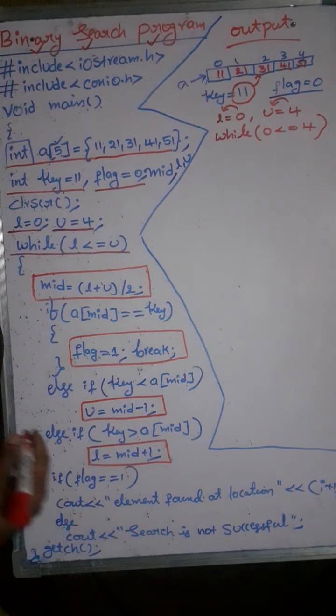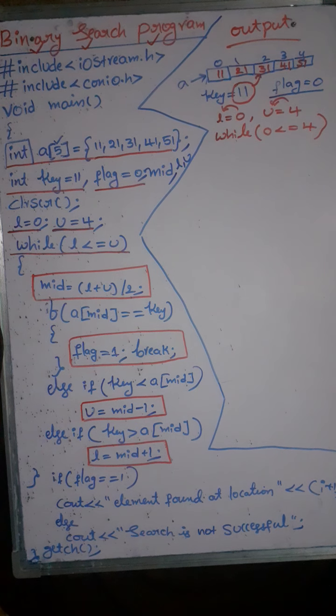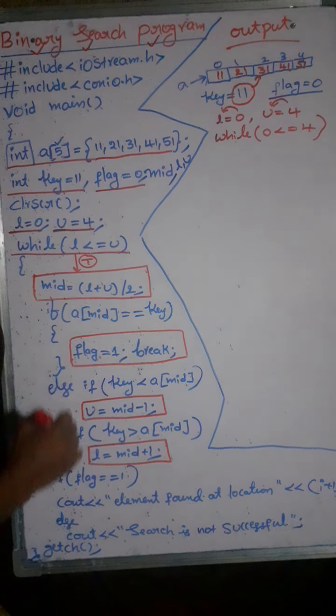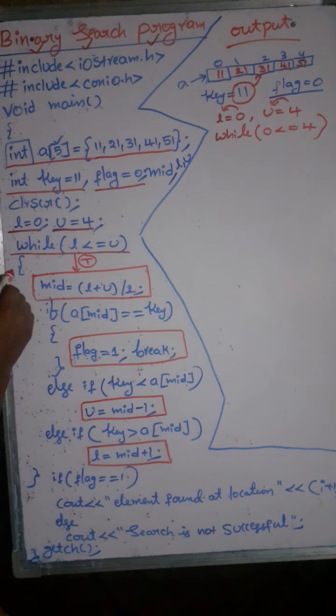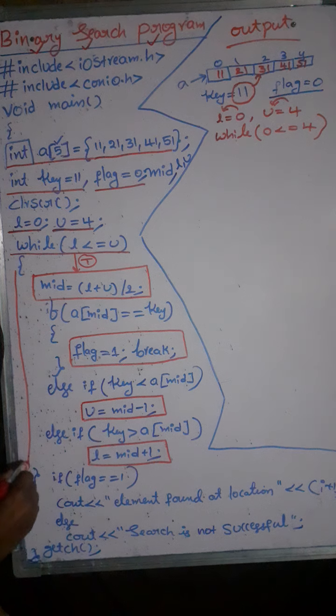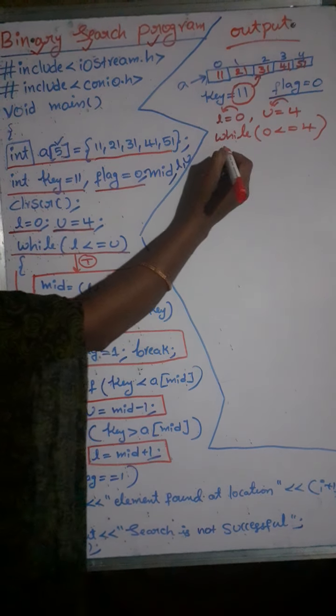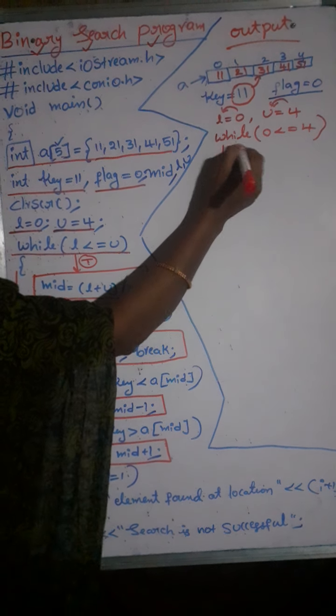Yes. If this condition is true, then only the statements within the while block will be executed. This is the opening of the while and this is the closing of the while. Here the condition is true, so the statements within the while block will be executed.